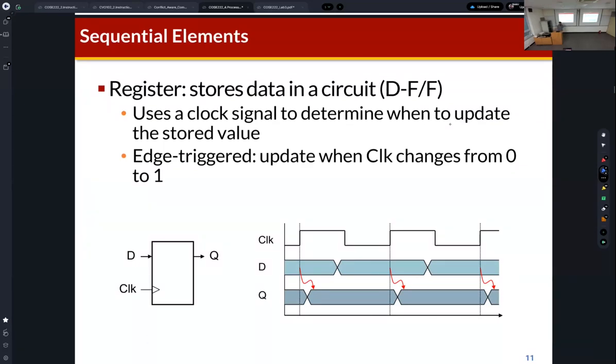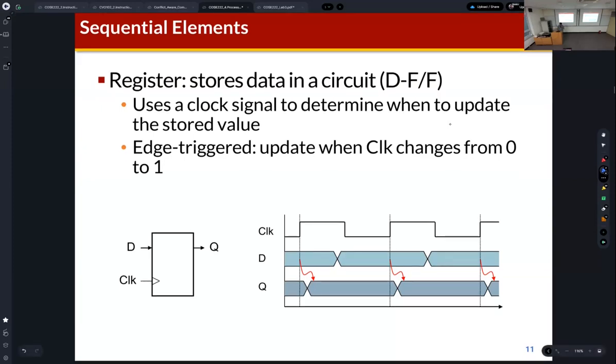Then let's see an example of sequential logic. In this example, I just introduce the D flip-flop, because when you mention sequential logic, we frequently use D flip-flops. So what is the D flip-flop?